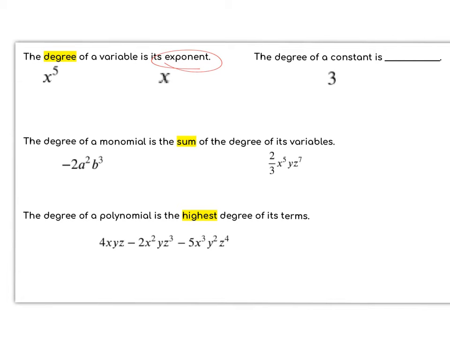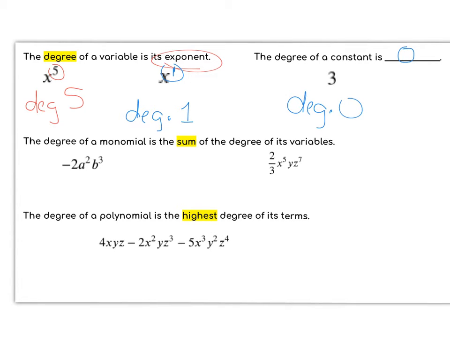So this right here, x to the 5th, has degree 5 because the exponent is 5, okay? X, remember, it just has a 1 up there. So this one has degree 1. And the degree of a constant is 0. If it's just a constant, it has degree 0.